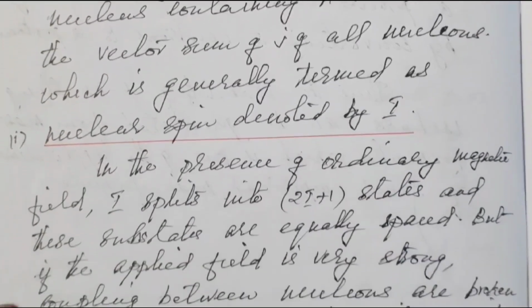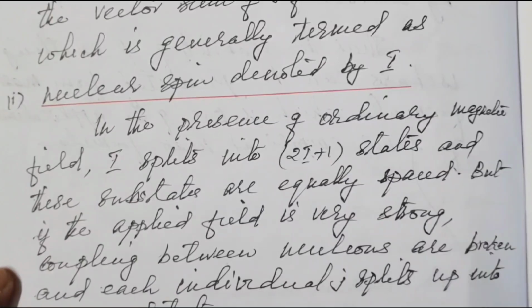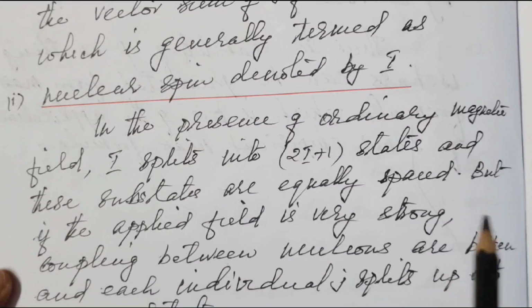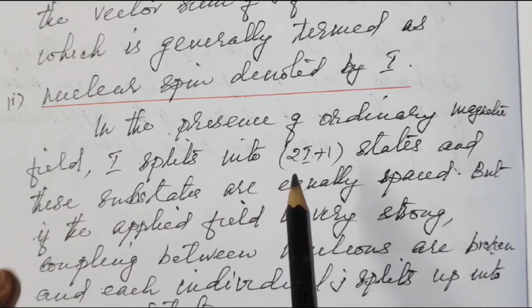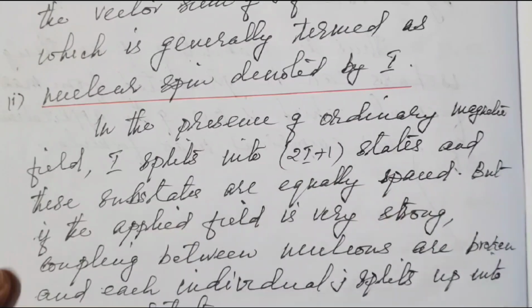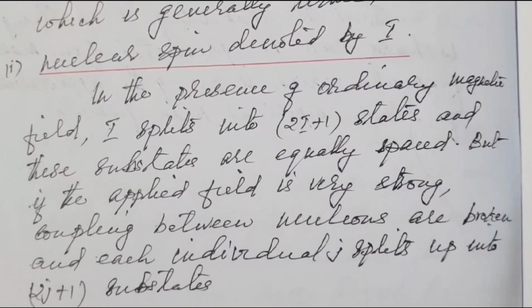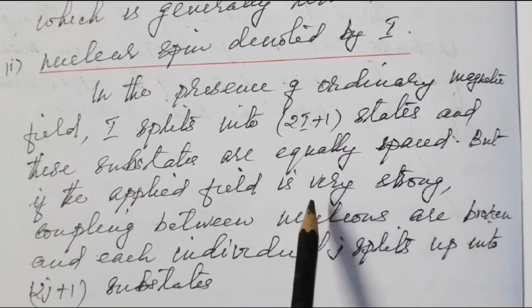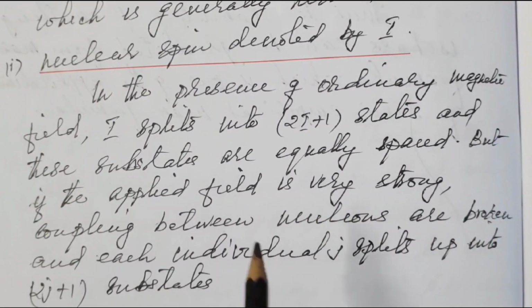nucleus. In the presence of ordinary magnetic field, I splits up into 2I plus 1 states, and these substates are equally spaced. If the applied force is very strong, the coupling between nucleons is broken, and each individual J splits up into 2J plus 1 substates.